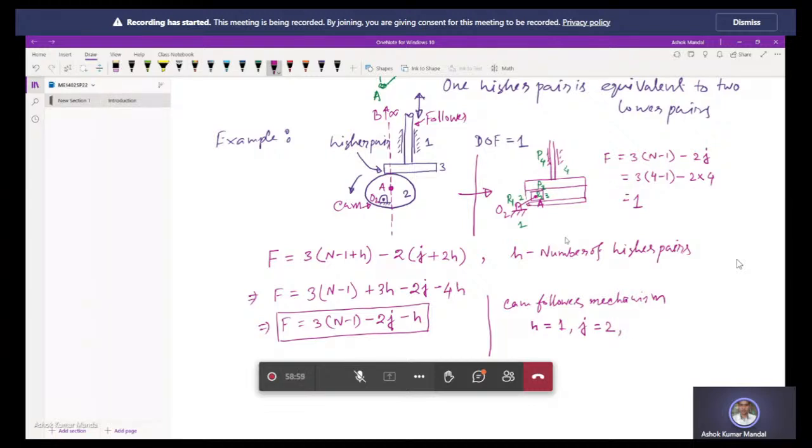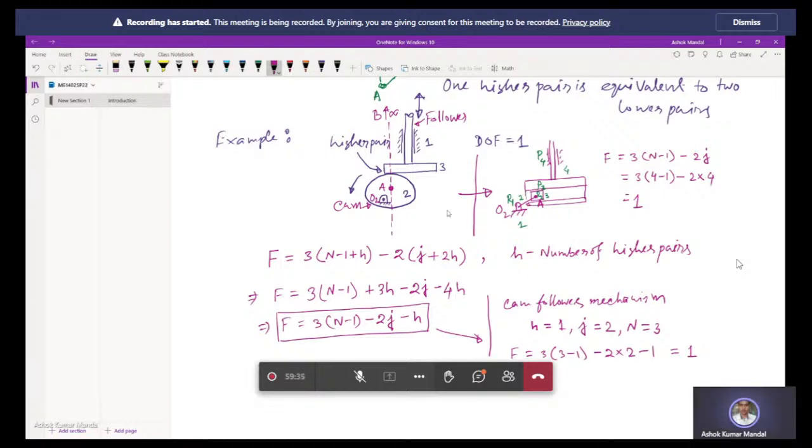And how many links are there? 3. Now if you apply this formula there, 3 into 3 minus 1 minus 2 into 2 minus 1. What is this value? 1.